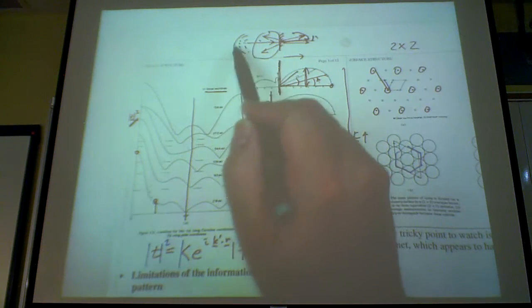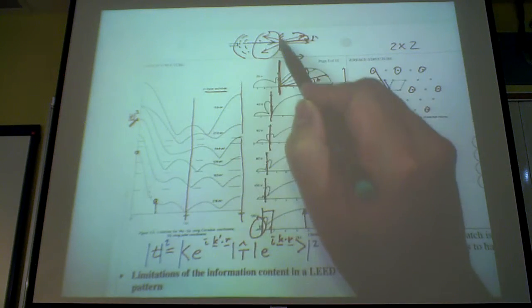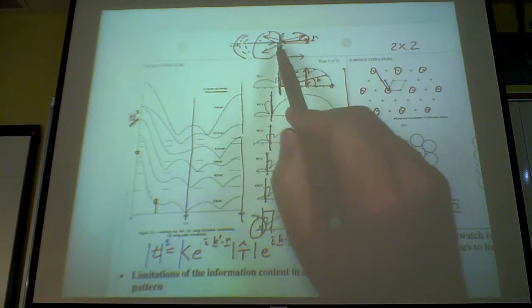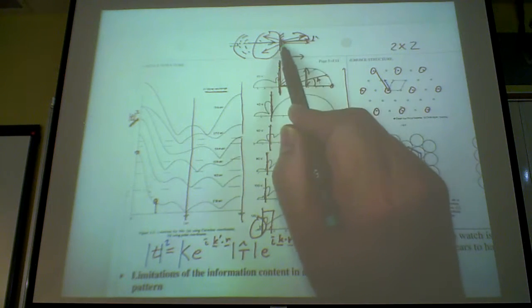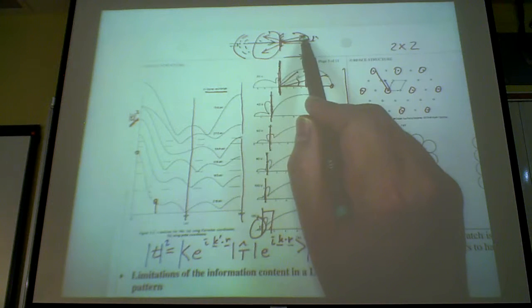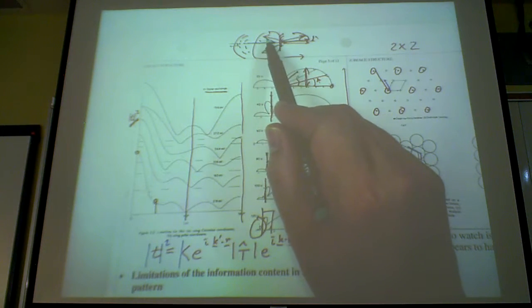Let's say I have my electron gun here. I send in my electron beam this way, hit my sample, right? And I have elastic scattering going into the solid, right? Some of them refracted elastically, so you can picture this going in. So you have some electrons going in, some electrons reflected back. They are all elastic scatter, right?